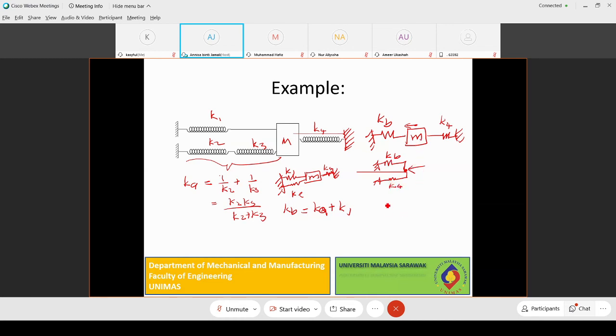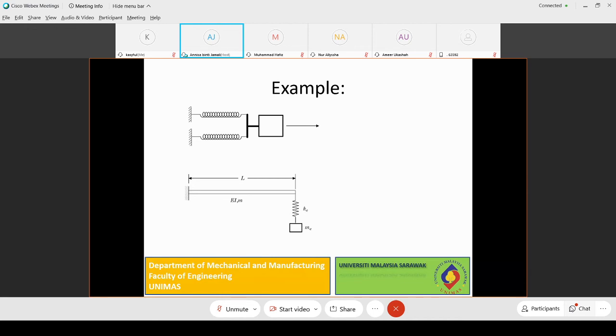So your final equivalent spring constant for this system will be Ke equal to Kb plus K4, right? So that is for the first example.